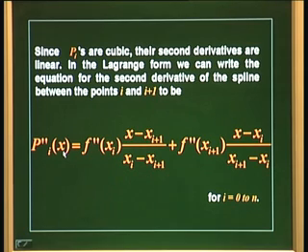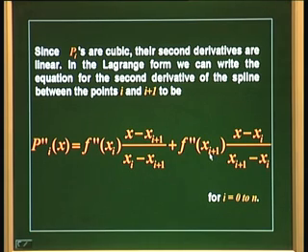Okay, so at xi plus 1 this term, xi plus 1 minus xi plus 1, goes to 0, and we would say that pi double prime at xi plus 1 is equal to f double prime at xi plus 1. So the second derivative of the polynomial going from I to I plus 1 has f double prime at xi plus 1 as its value.